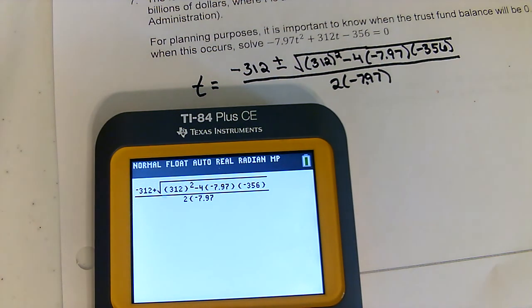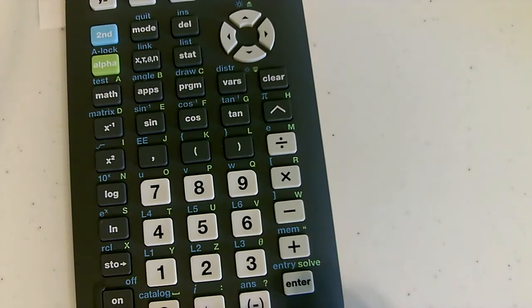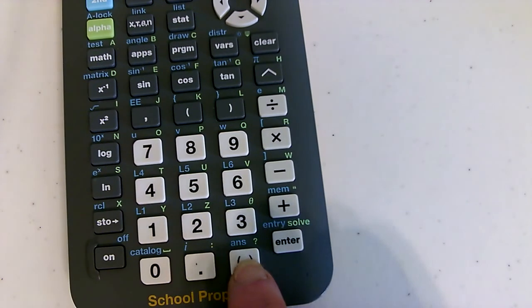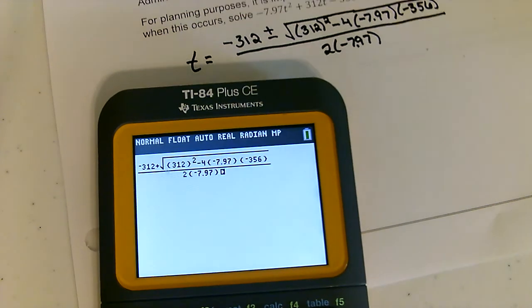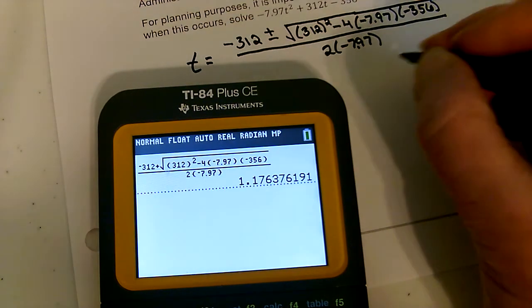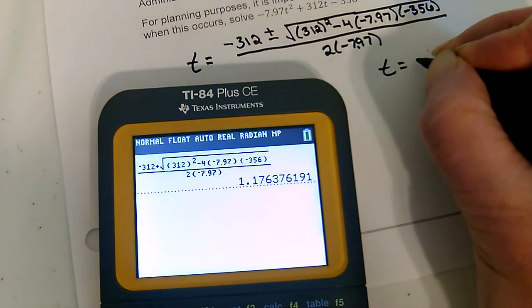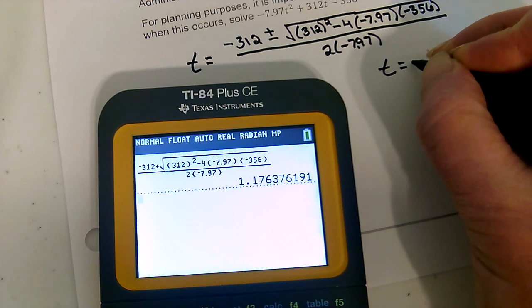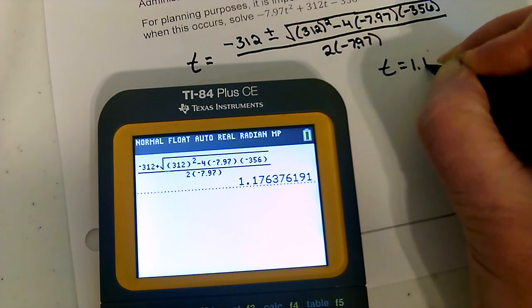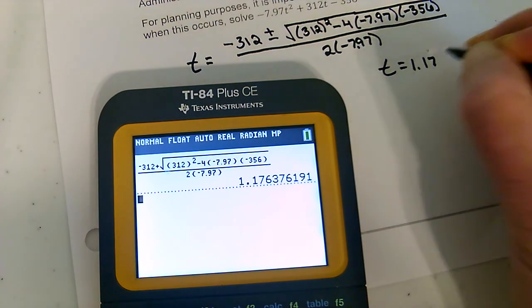And make sure when you're pressing negative, that's negative down here at the bottom. That's minus. Two different things. Okay, so one option is, what is this? 1.17.